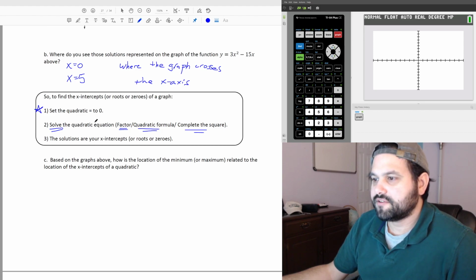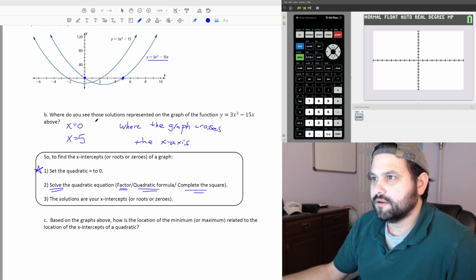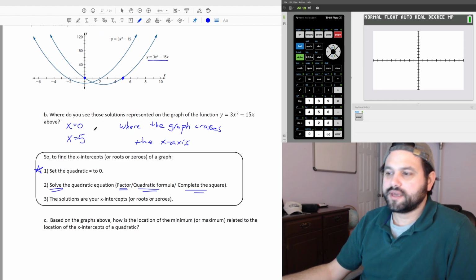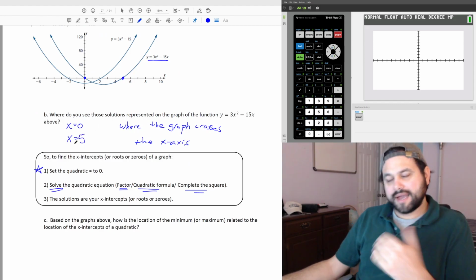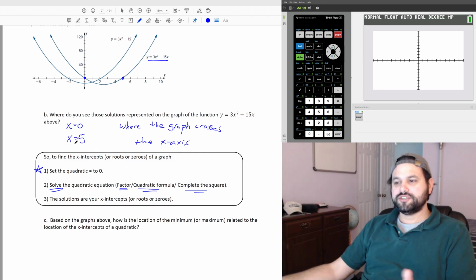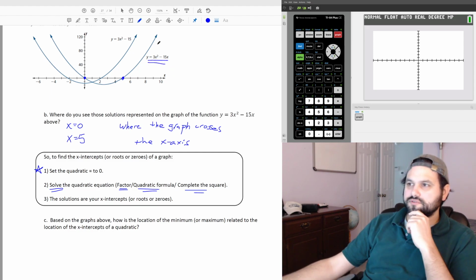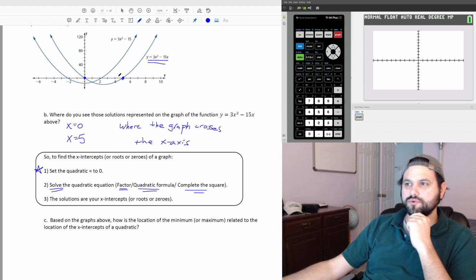Part C, based on the graphs above, so looking back up here, based on those graphs, how is the location of the minimum or maximum related to the location of the x-intercepts of a quadratic? So if I'm just looking at this one, and I have the x-intercepts, where in relation to these two x-intercepts is the minimum of this graph?